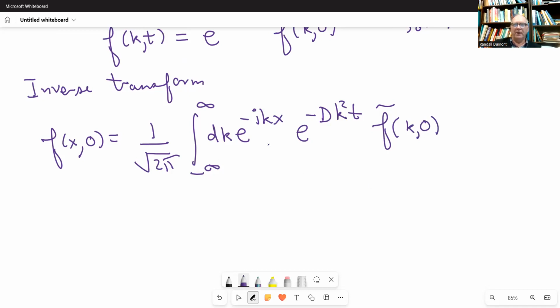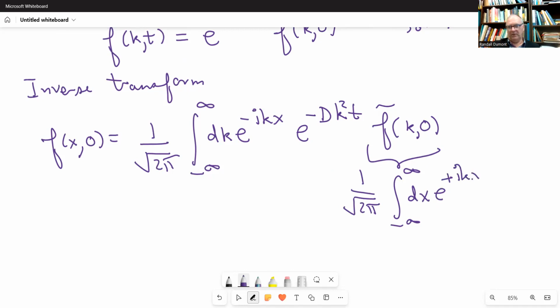All right. And this, of course, in turn, is just the Fourier transform with respect to x, that's e to the ikx, f of x, 0. Okay, so what we're going to do is we want to do the k integral.